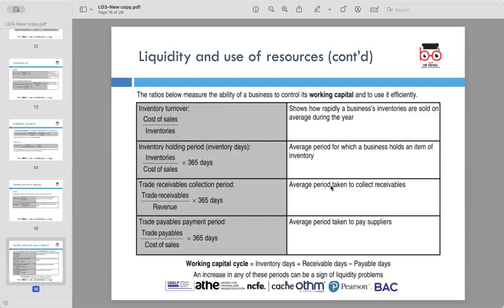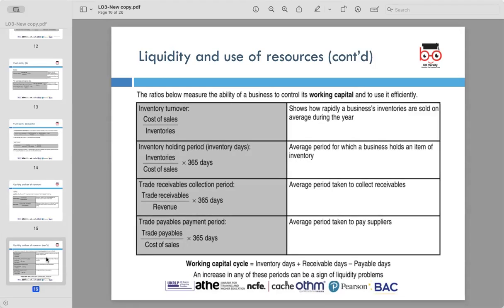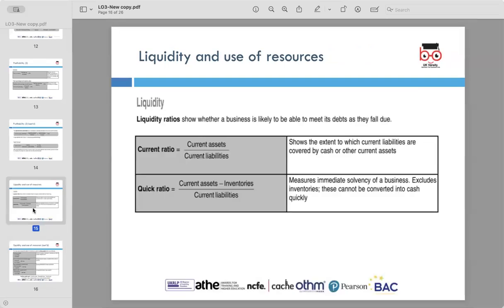Quick ratio, also known as the acid test ratio, provides a more stringent measure of liquidity by excluding inventories from the current ratio.